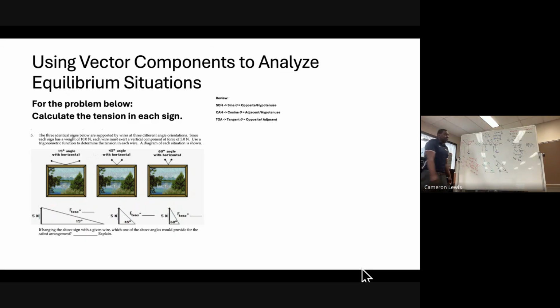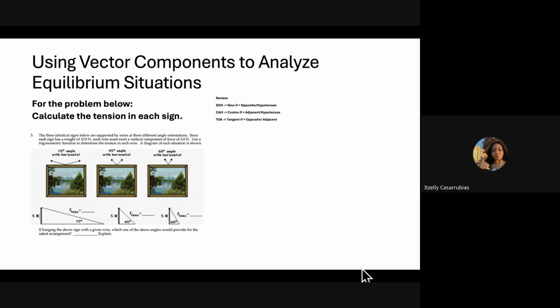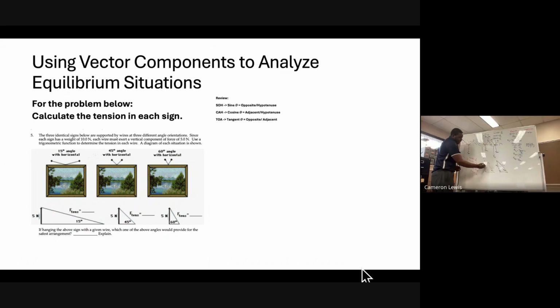So if these two angles are the same, what does that mean about their sides? These sides are going to be the same. So now we got this one and this one, so they'll both be the same. So technically, this is equal to 5 newtons as well. But really what matters is how can we find this?